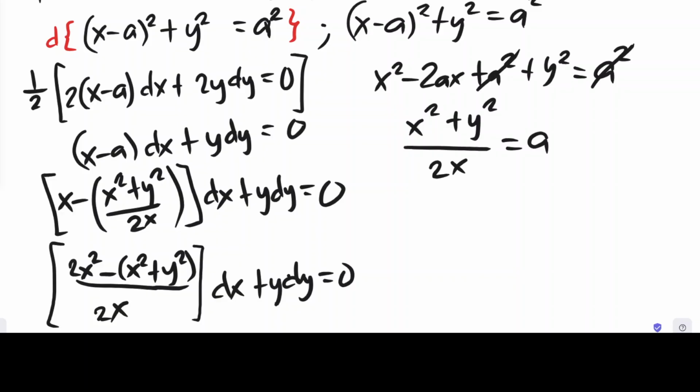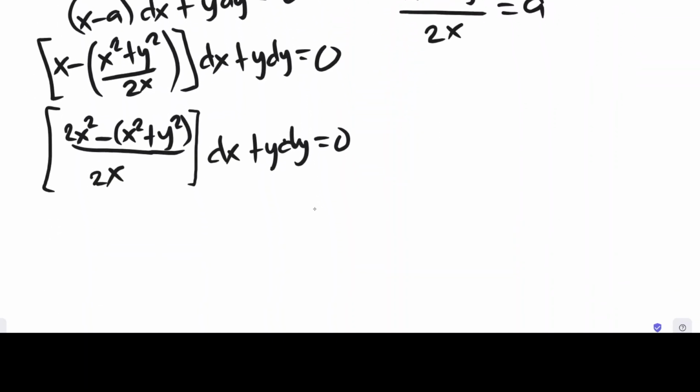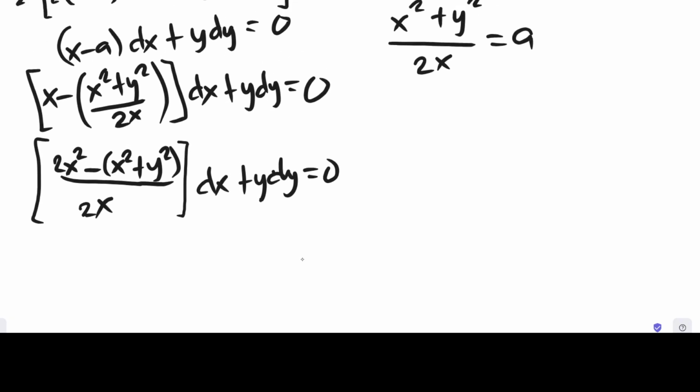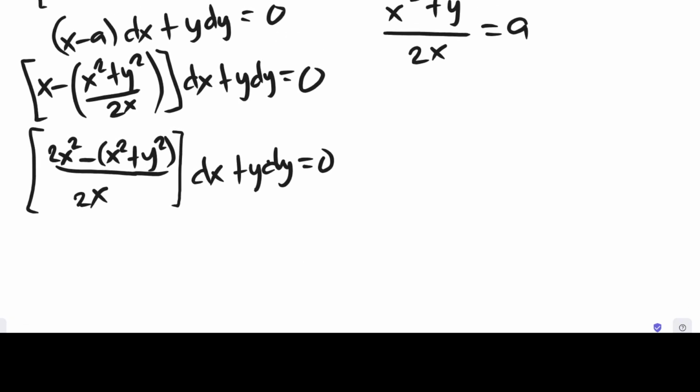Okay, so for the next line, we can remove 2x by multiplying 2x to both sides, so the 2x will be cancelled on this side.